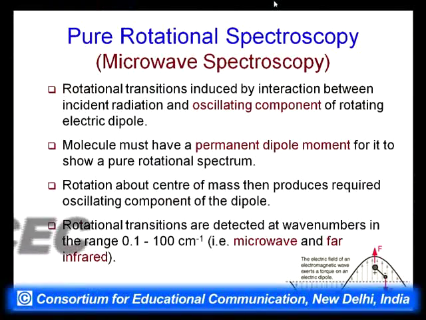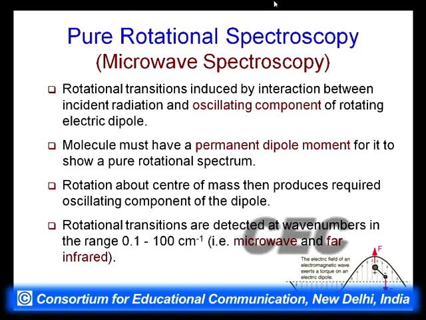Suppose the molecule is like this, it does not have any dipole moment component in the vertical direction, but suppose it goes like this, then it has a dipole moment component in the y direction, and this keeps on changing. It goes from a maximum, as the figure at the bottom shows, and keeps on varying. While the molecule is rotating, the component of the dipole moment keeps on varying.